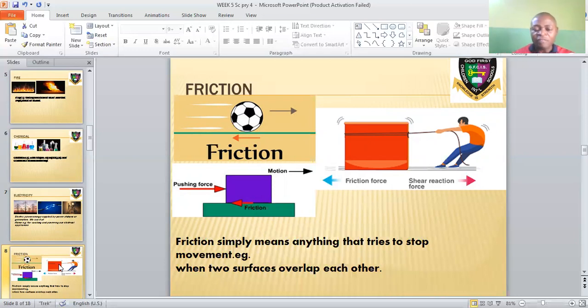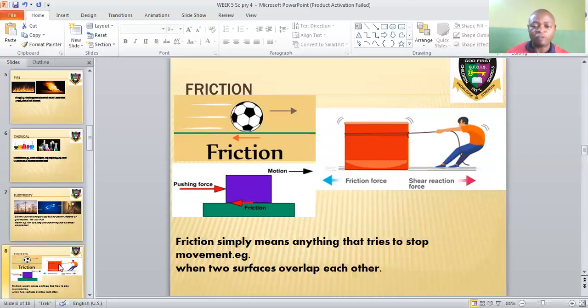When you rub your hands together, you discover that at a time you want to stop, because there is something that tries to stop the movement. For example, now you have a padlock at home.